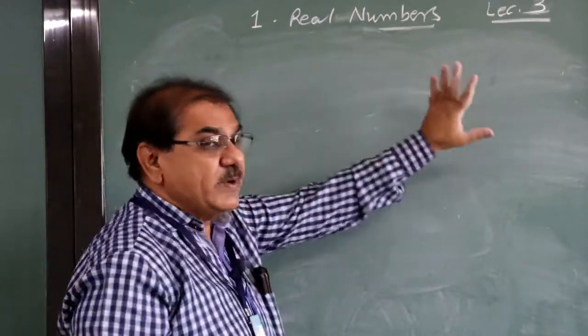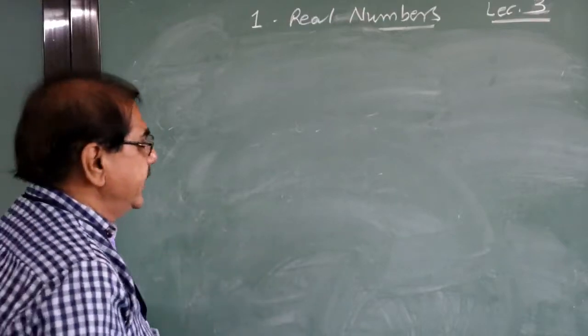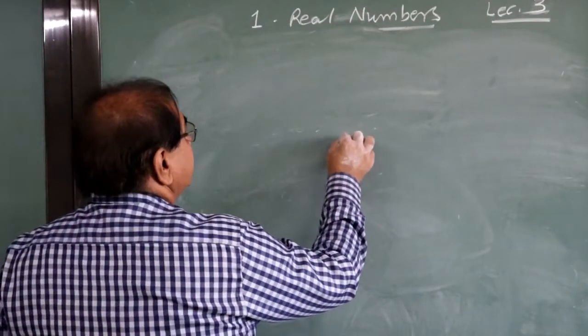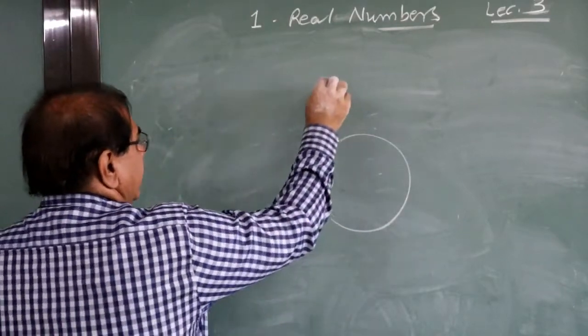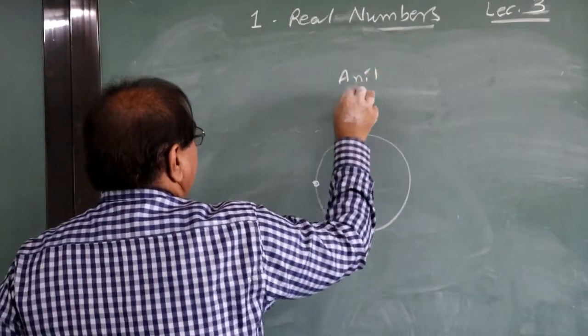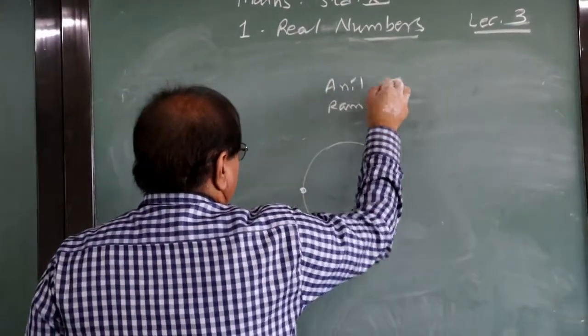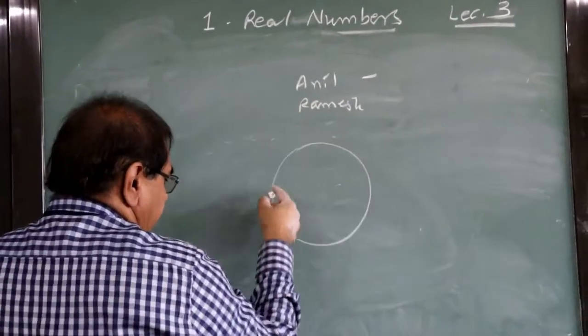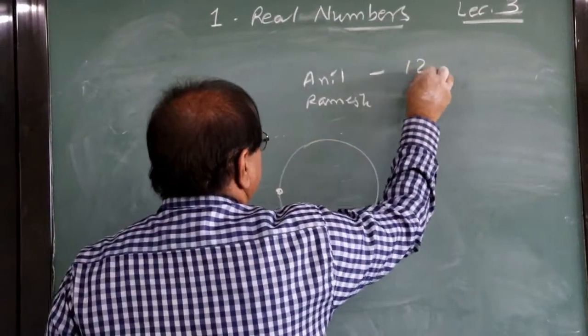So out of these chapters, out of lectures 2 and 3, I make one question for you, and that will be the last topic for today. Suppose there is a circular ground. It is the beginning. Two friends, Anil and Ramesh. Anil can complete running on the circular path and come to the original place in 12 minutes.